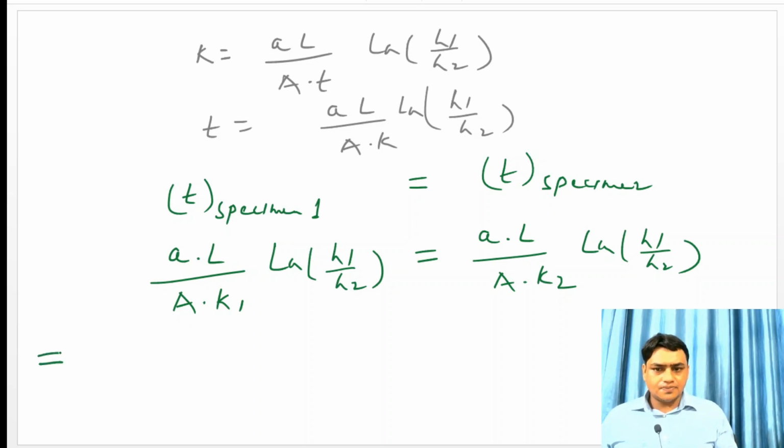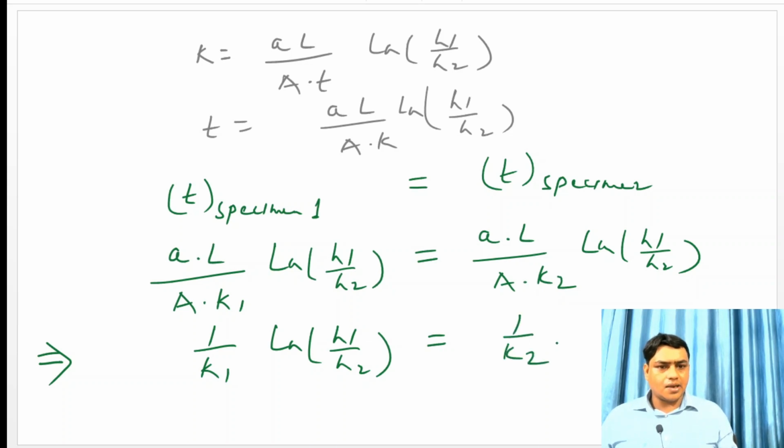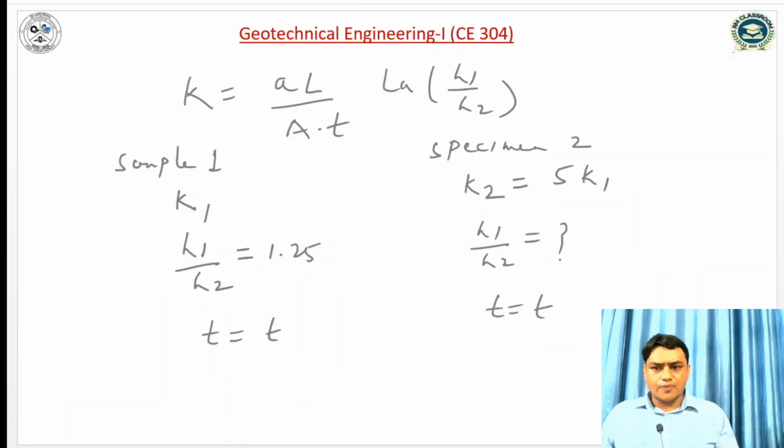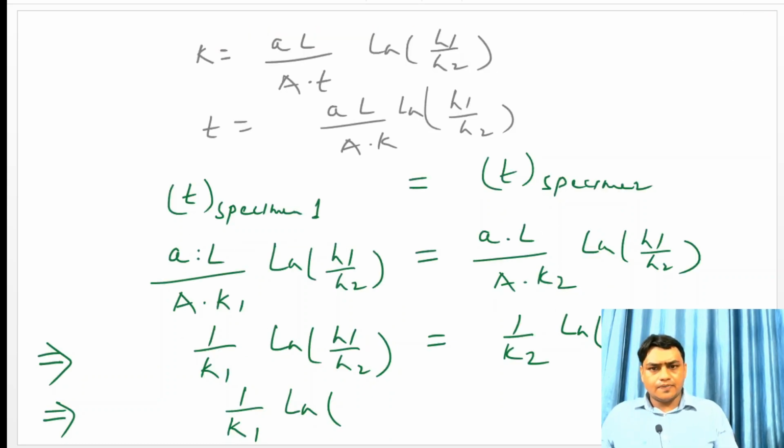So we can write 1 by K1 ln H1 by H2 for the specimen first is equal to, aL by A cancel, so 1 by K2 ln H1 by H2. So here, the coefficient of permeability 1 by K1 ln, and the H1 by H2 is how much? 1.25. So for the specimen first, ln 1.25 by K1 is equal to 1 by 5K1 ln H1 by H2 for specimen 2.